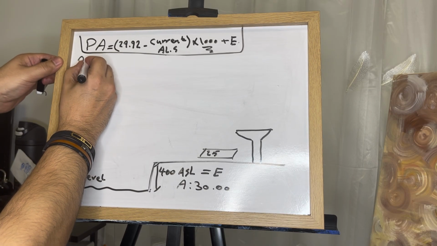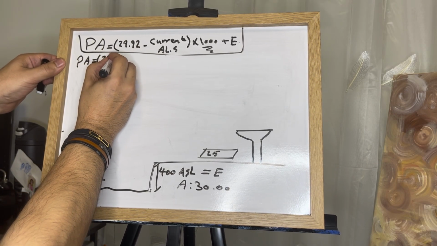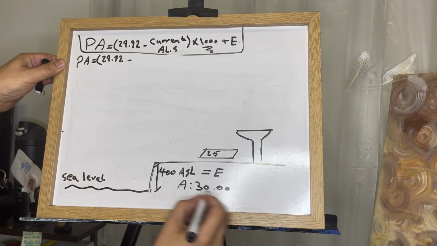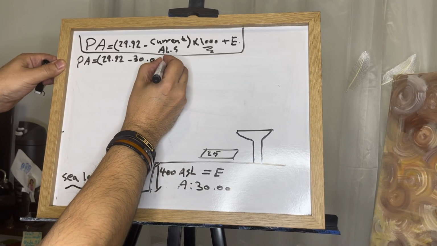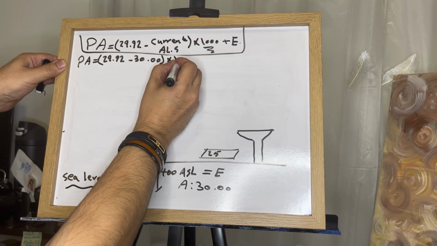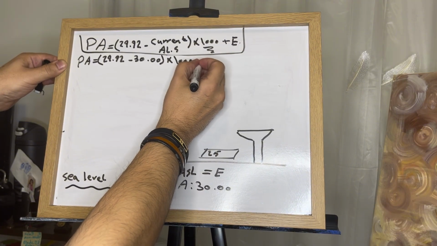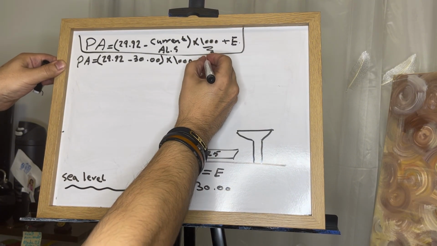So regarding this formula: standard atmospheric pressure, 29.92, minus the current altimeter setting, 30.00, multiply by 1000 feet, plus elevation 400 feet.